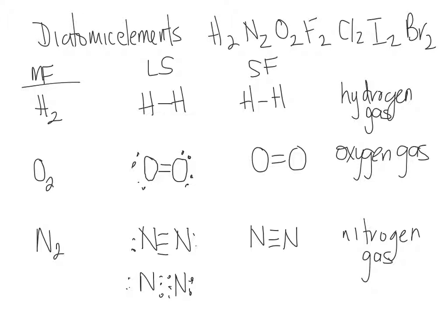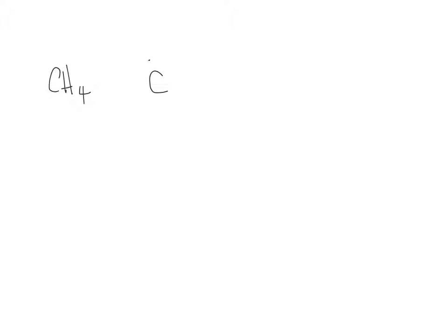With the exception of hydrogen, we're bonding so that we fill up our octet, right? We're filling so that we get 8 electrons surrounding each atom. Carbon's got 4, so it needs to make 4 bonds because it needs 8.